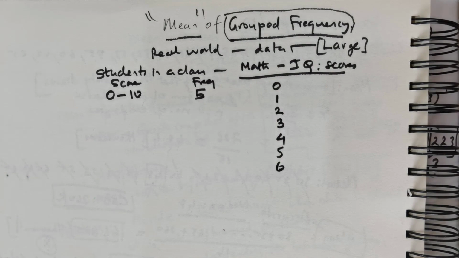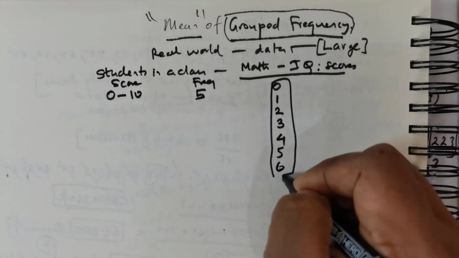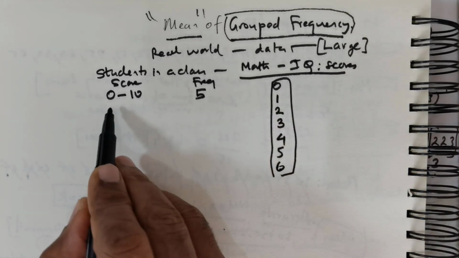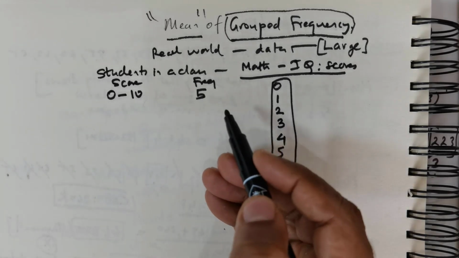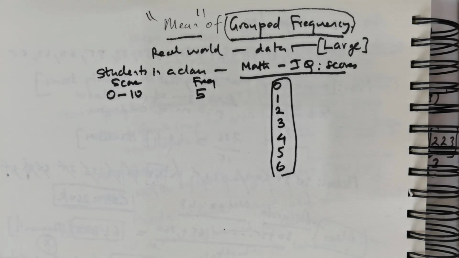The very sight of it would really throw chaos to the data analyst. So we do not follow this process. What do we do instead? We outrightly state between 0 to 10, 5 students are present in this particular range. When I say 5 students are present in that range, it means 5 students have scored in that range.